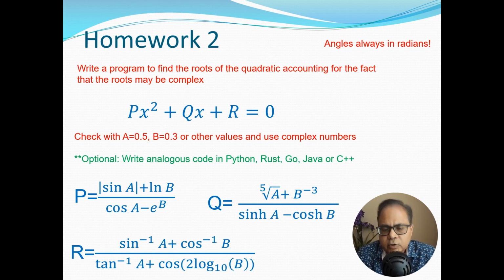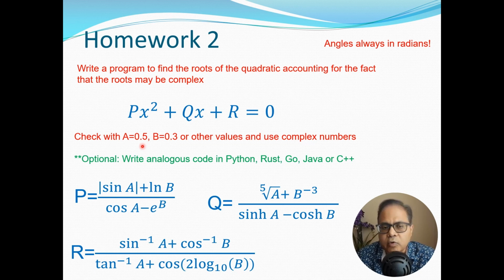So in today's lecture you learned a lot about the different functions which are out there in Fortran, which you can use to do many problems. As a homework problem you can try to solve this particular quadratic equation px squared plus qx plus r equal to 0, where p, q, r are defined using these particular formulas here.